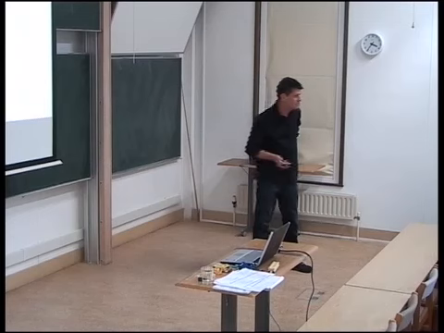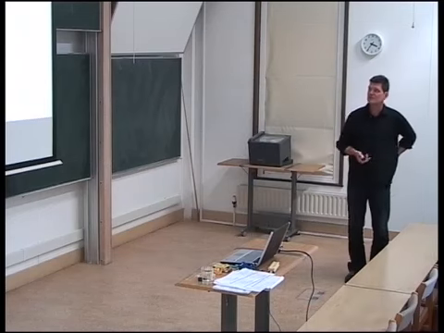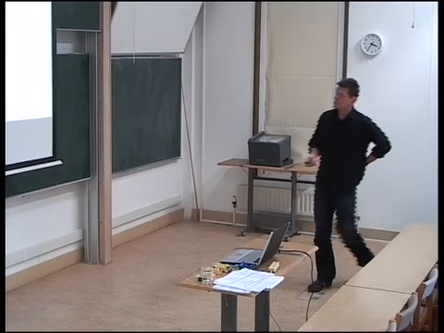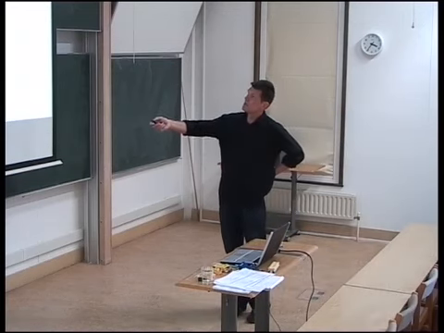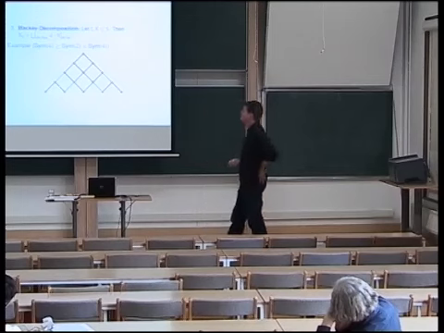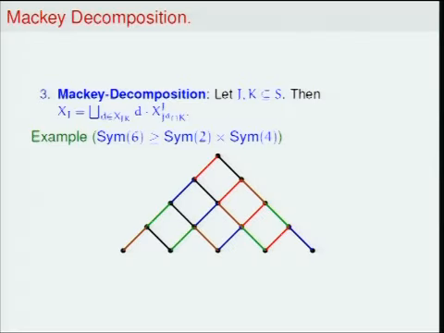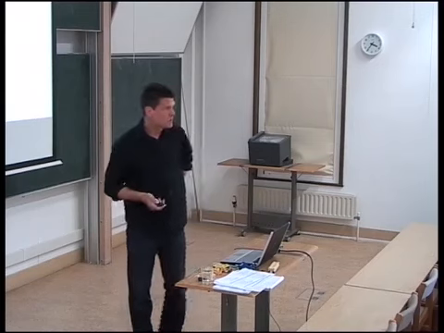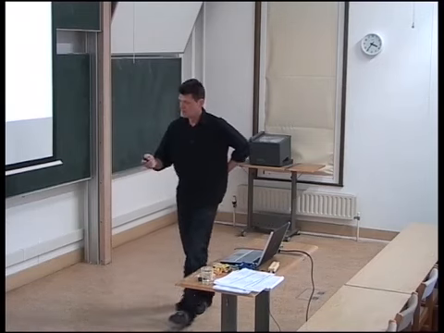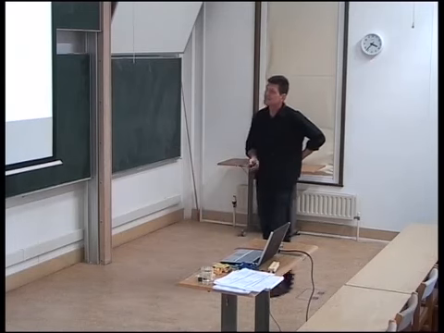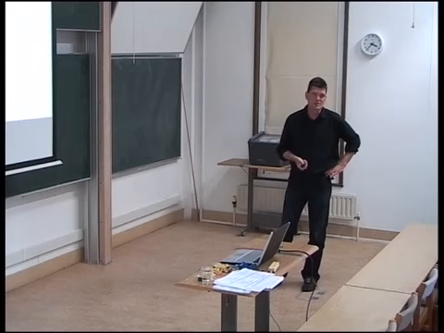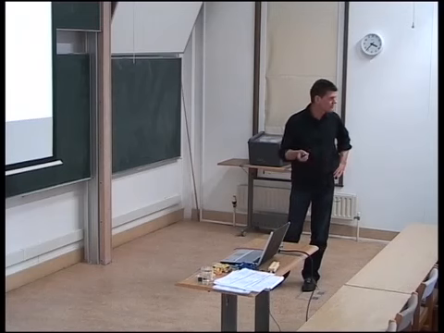In terms of the picture, in terms of the coset graphs, this means that you start with the big coset graph, this example we've seen before, and then when you want to decompose it with respect to another subset K, you throw out of this coset graph all the edges which don't have colors that occur in K.